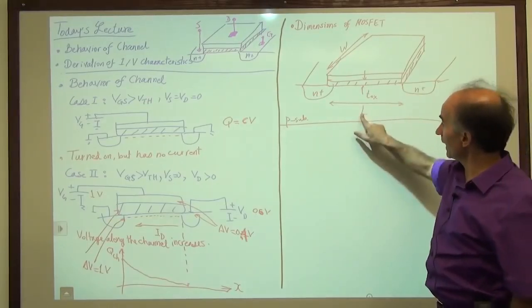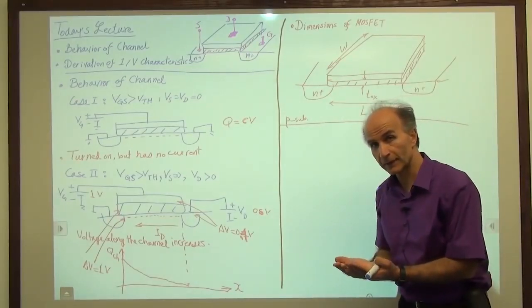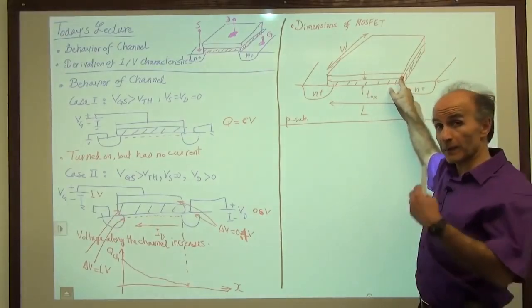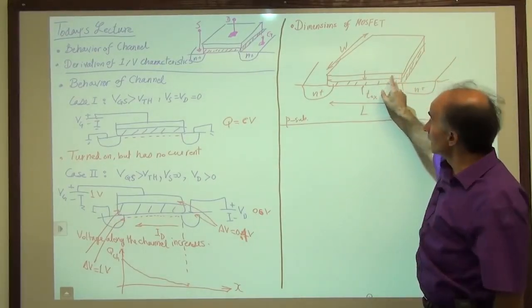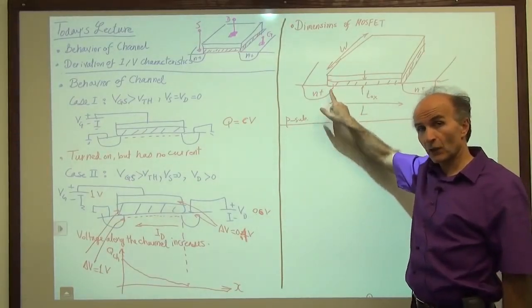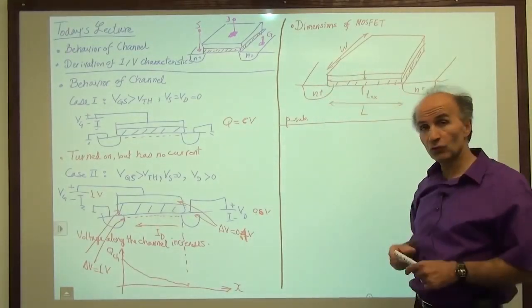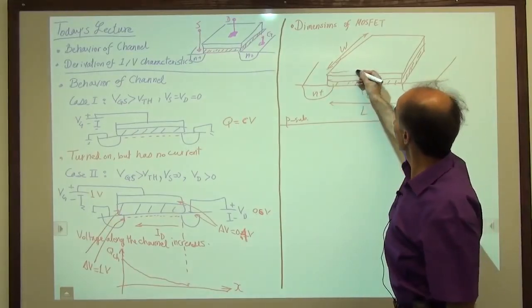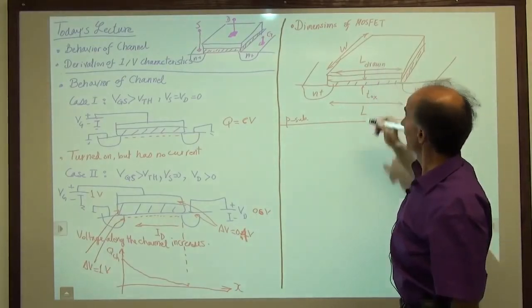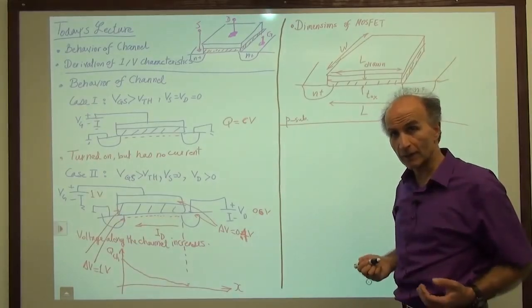So now, when we say L, which L are we referring to? When I draw the layout of the circuit, I draw this structure from here to here. When the chip is fabricated and the device is built, this area actually protrudes under the gate, and that's not under my control. So we distinguish between these two L's. This is the drawn L, which is what we draw in the layout that we send to fabrication services.